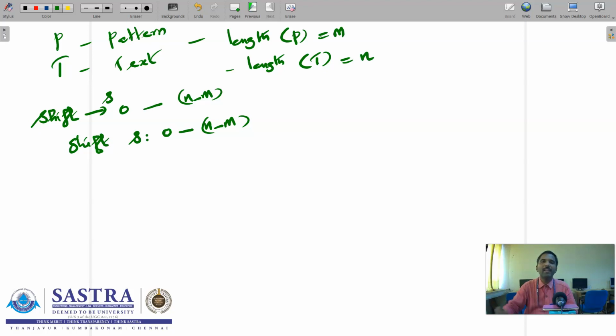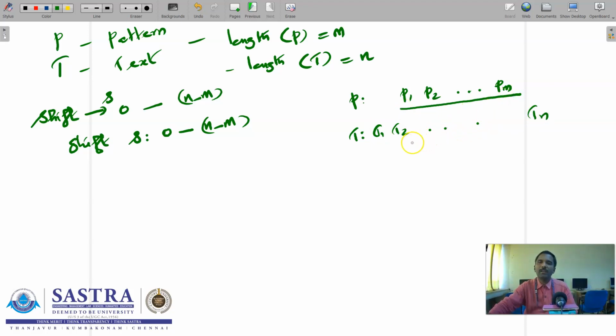The pattern characters P1, P2, etc. up to Pm are compared with the text characters T1, T2, etc. up to Tn. The M characters in the pattern are compared with the same M characters in the text array.